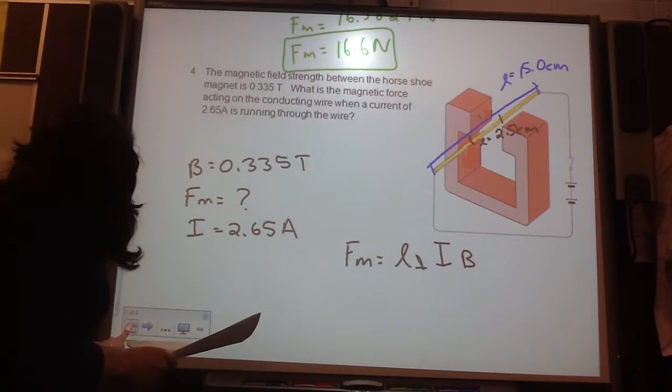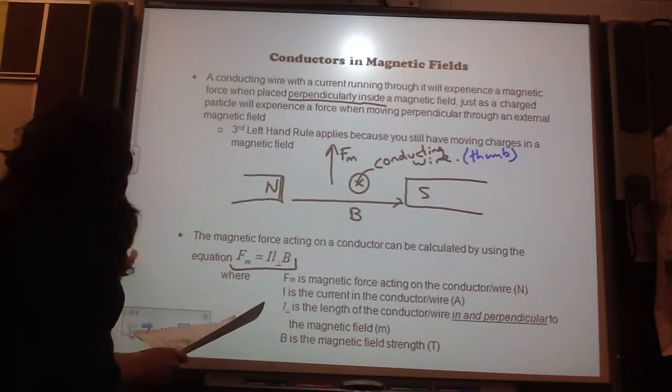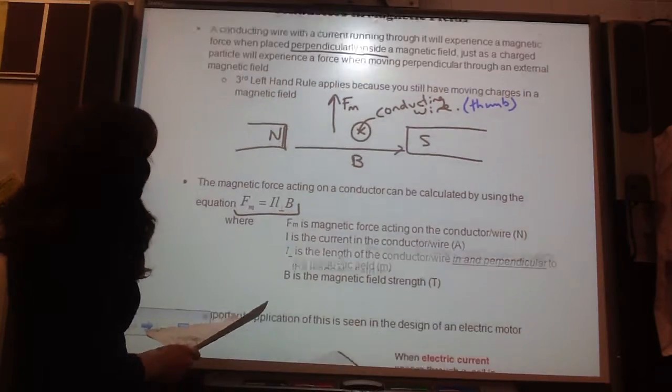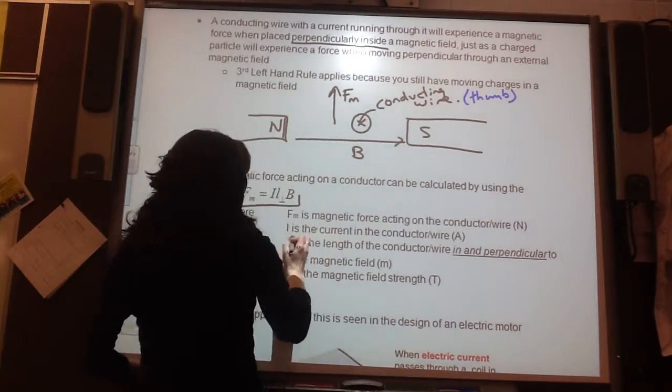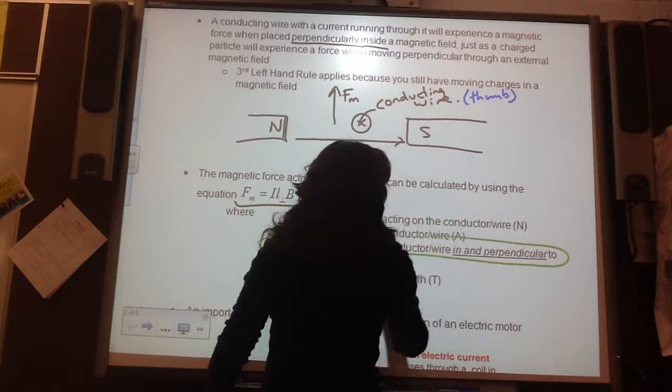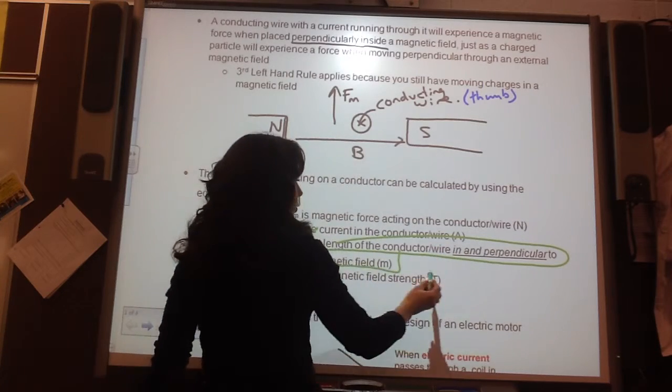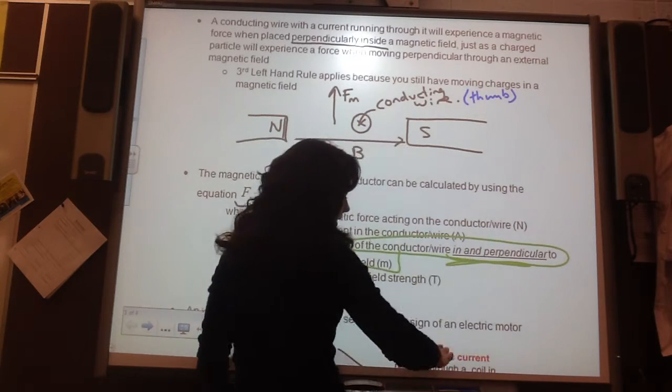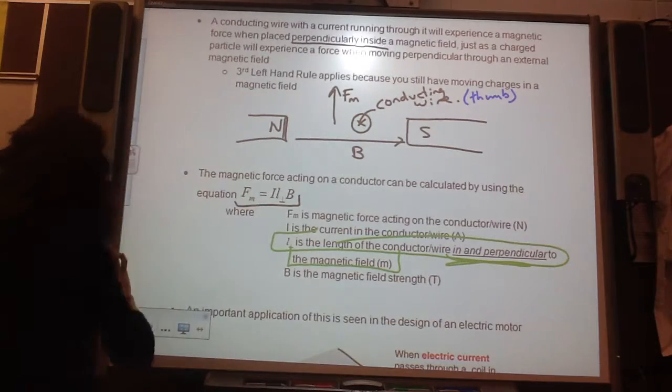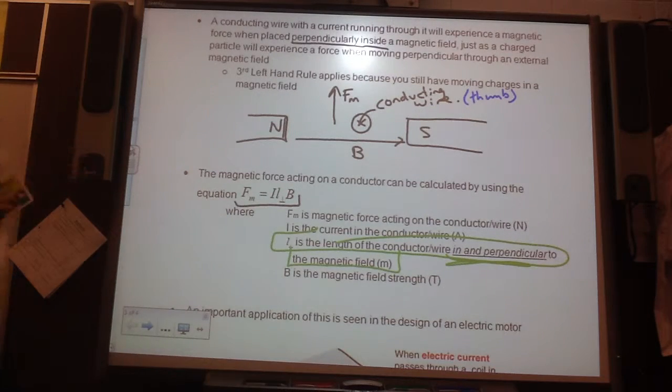You might want to circle, highlight that for yourself here. The length of the wire needs to be inside and perpendicular to the magnetic field because it's that length of current that is actually experiencing that field.